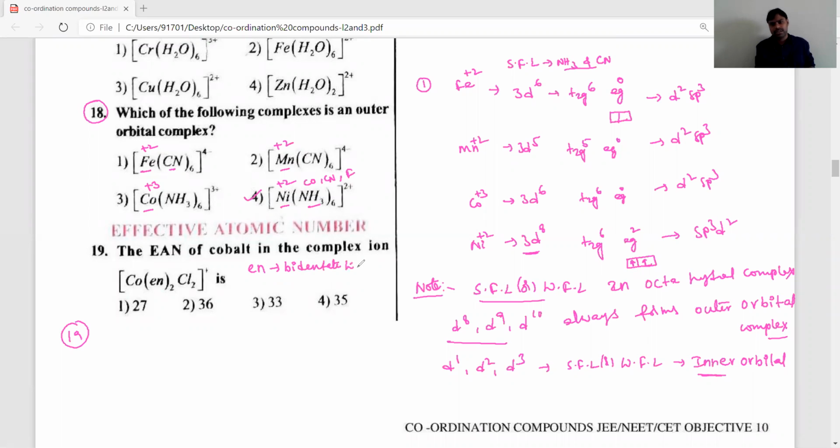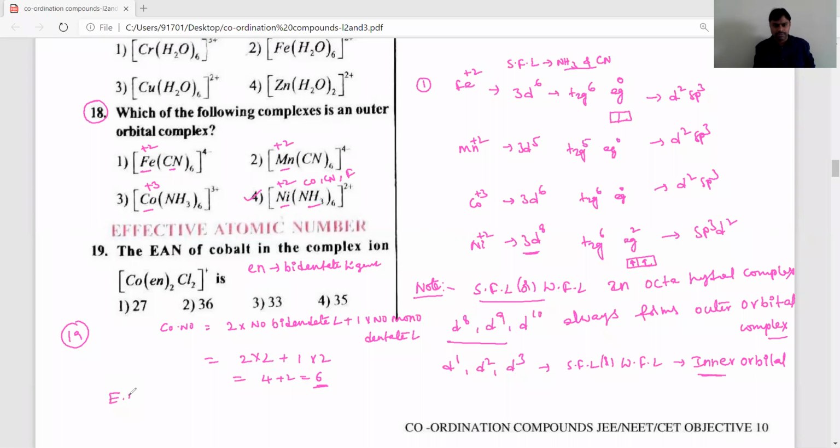Now its coordination number is equal to 2 into the number of bidentate ligands plus 1 into the number of monodentate ligands. It is 2 into 2 plus 1 into 2, which is 4 plus 2, equal to 6. Its coordination number is equal to 6.